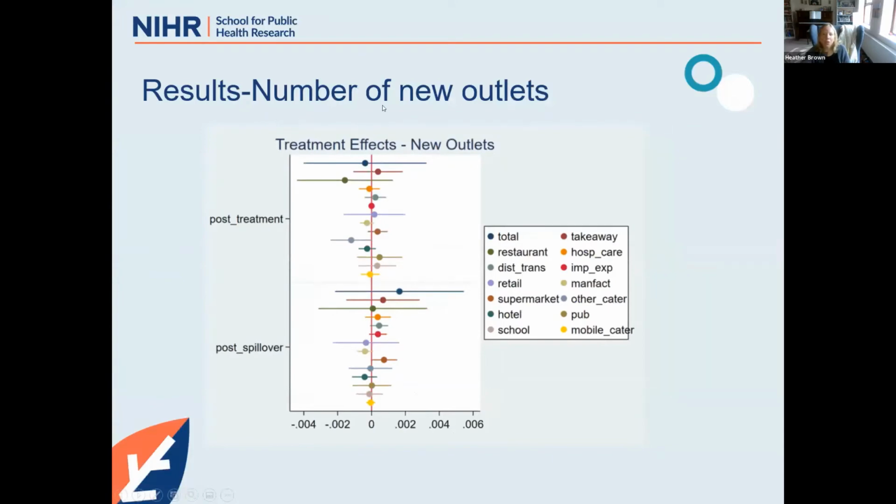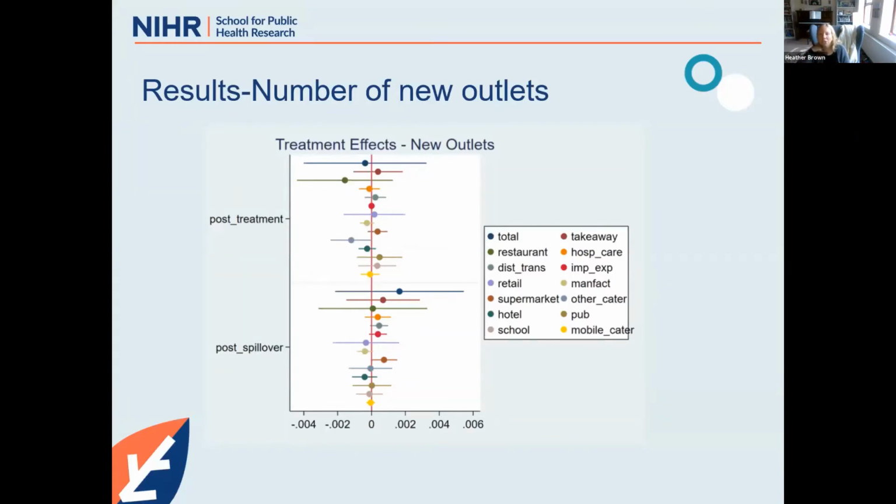And for the number of new outlets, so this is new outlets that opened after 2016, as all the lines, the confidence intervals, pretty much pass through zero, we find that there's no change in the number of outlets. But as we saw, we wouldn't necessarily expect an impact unless there's two reasons why we might.